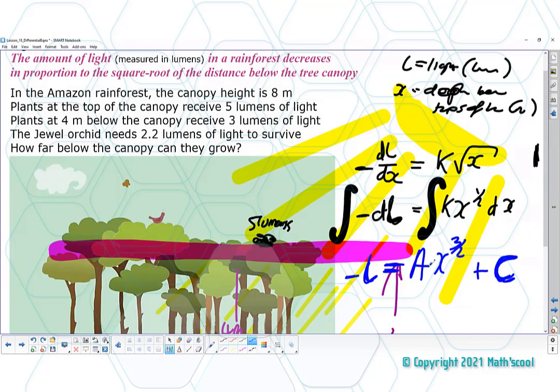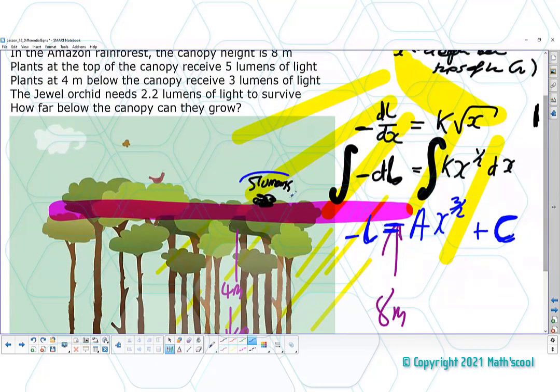Okay. Right. Let's put in some numbers. They tell us that a plant at the top receives 5 lumens. So if x is 0, L is going to be 5. So x equals 0, L equals 5.